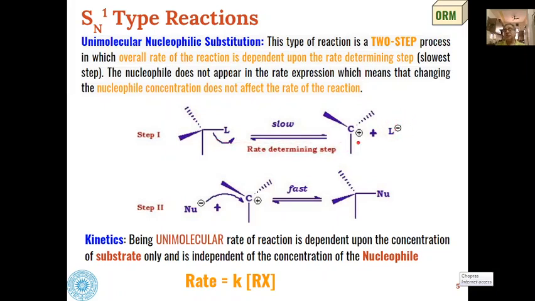And because this is a reversible step and a slow step, this is the rate determining step. So the slowness of this step will tell us what the rate of the reaction will be. Rate of the reaction means at what rate the reactants will be converted to products. So that will be determined by this step.